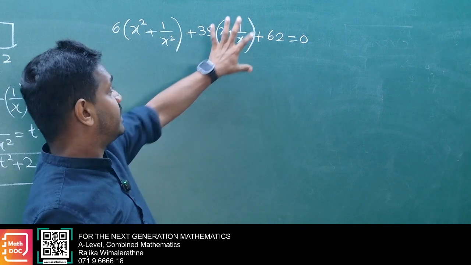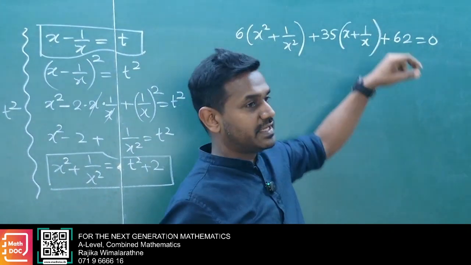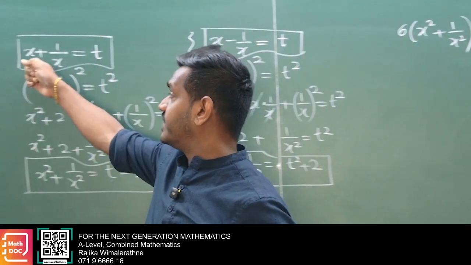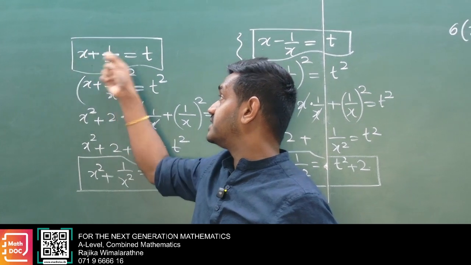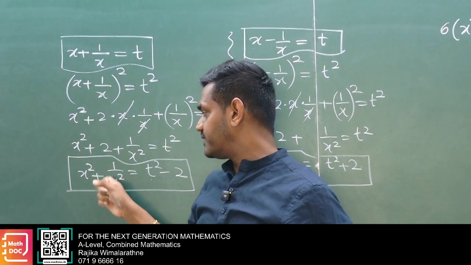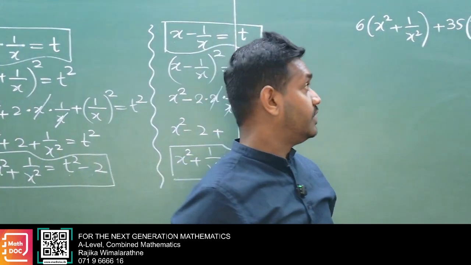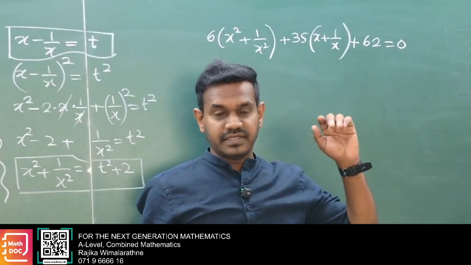When you see this, x plus 1 over x will be our t term. If x plus 1 over x equals t, then x squared plus 1 over x squared equals t squared minus 2. These are very important relations, you have to remember.